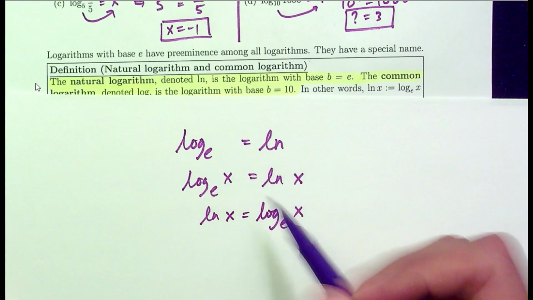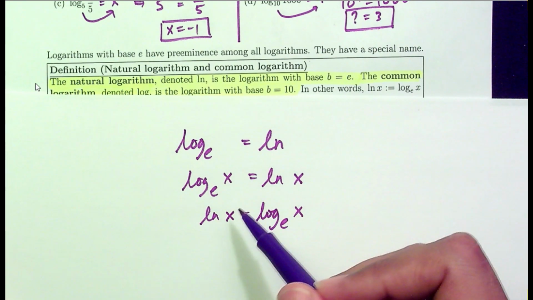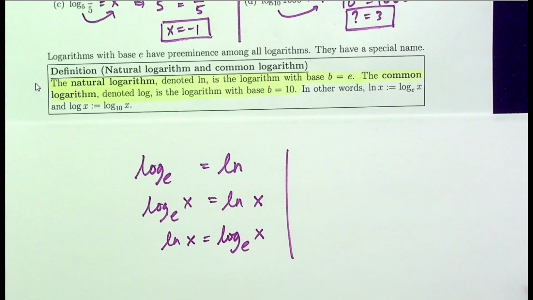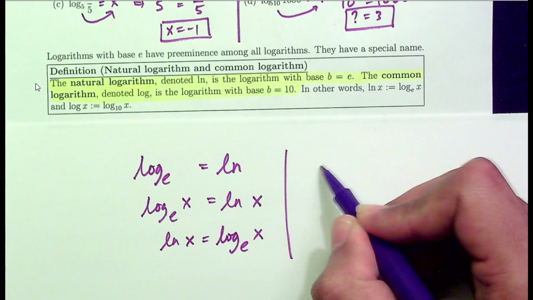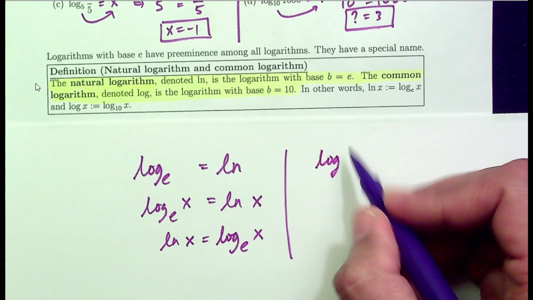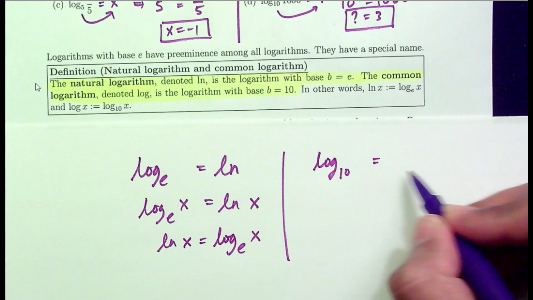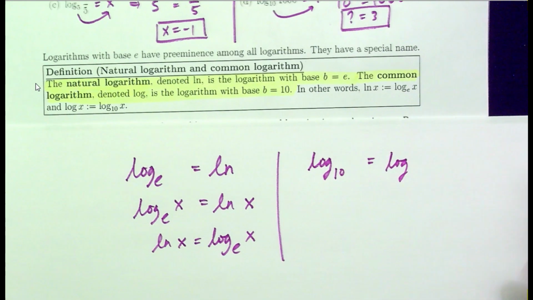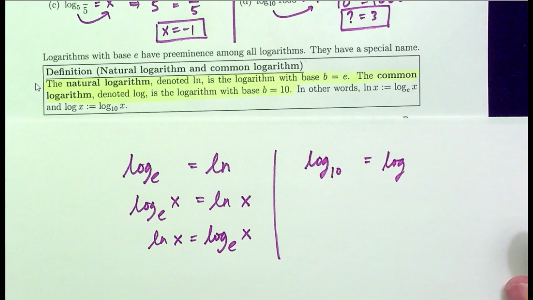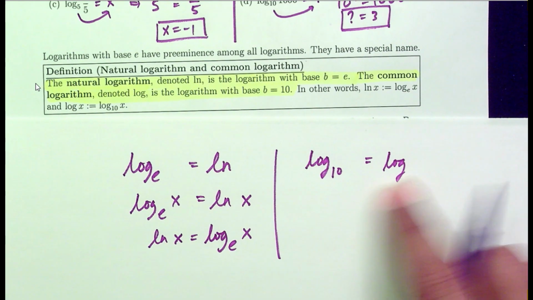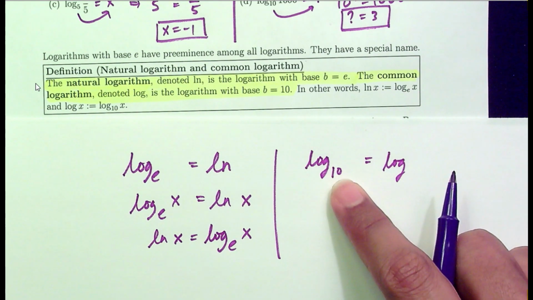But either way, logarithm base e is ln. Then we have the common logarithm, which is base 10. The notation for that is really just dropping the base, the subscript. So whenever you see nothing, that means the base is 10.